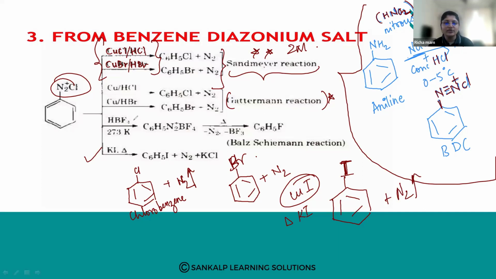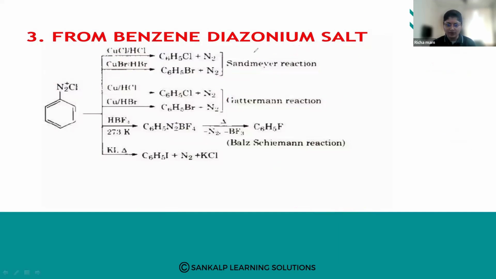The Gattermann reaction and this other reaction are not there for you, so leave these two. Just concentrate on this one. If I want to prepare chlorobenzene, I have to take cuprous chloride in the presence of HCl. If I want bromobenzene, I have to take cuprous bromide in the presence of HBr, and treat it with BDC, benzene diazonium chloride.